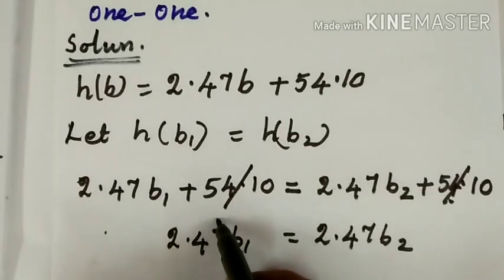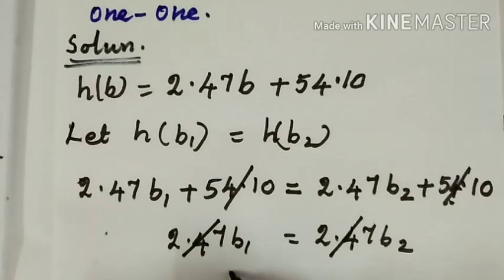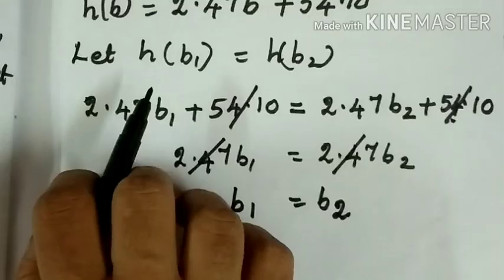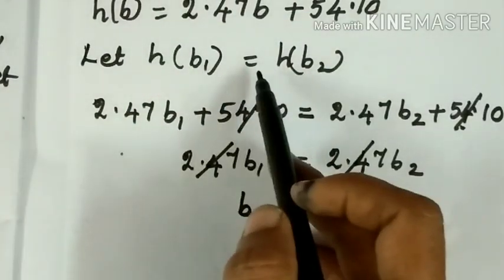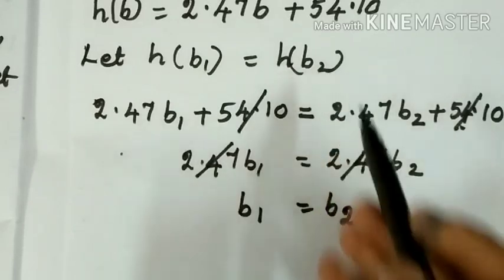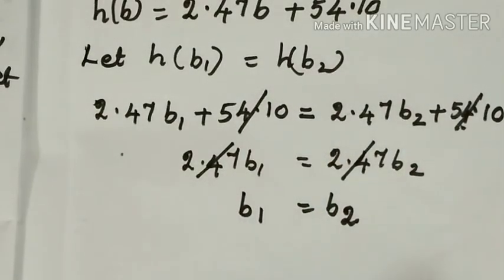So then 2.47 cancel. Now we get b1 equal to b2. By the definition, h of b1 equal to h of b2 implies b1 equal to b2.